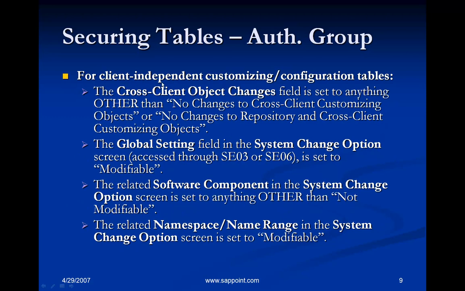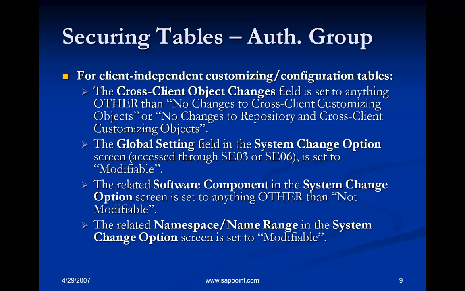For the client independent customizing and configuration tables like the table T000, whether you can maintain the table data in the table directly or not is also controlled by the client settings, apart from the technical attribute display maintenance allowed.